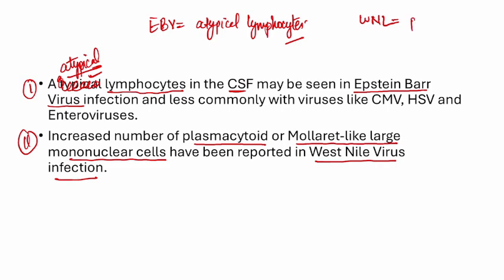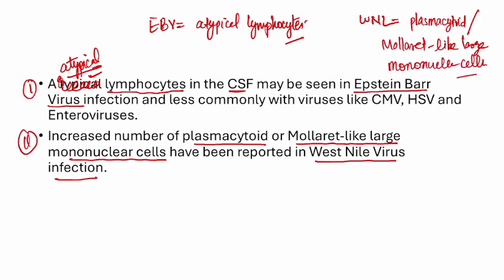We will see plasmacytoid cells or Mollaret-like large mononuclear cells. So these two cases you must remember in CSF findings in acute encephalitis.